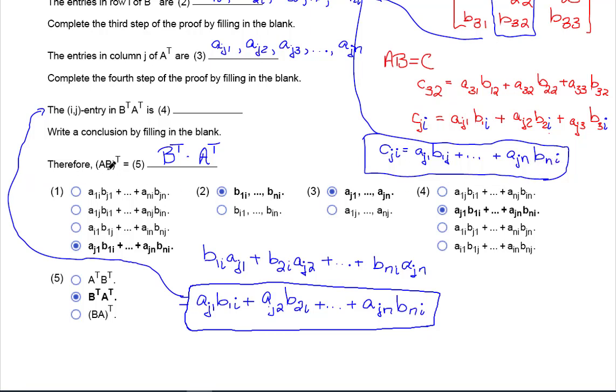Therefore, the transpose of this product is equal to the transpose of each of the original matrices multiplied in reverse order.